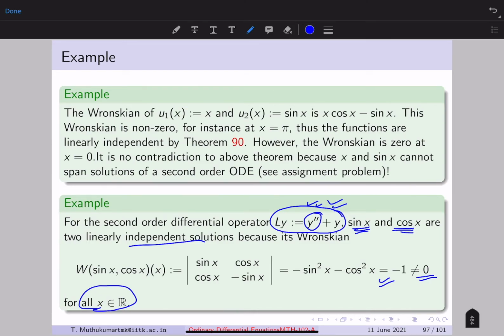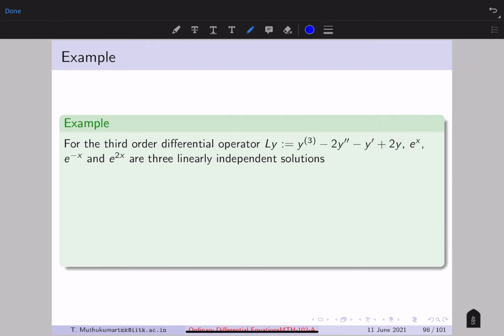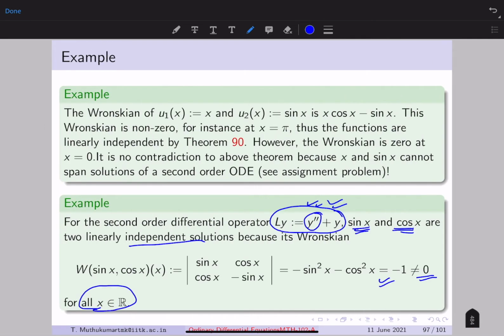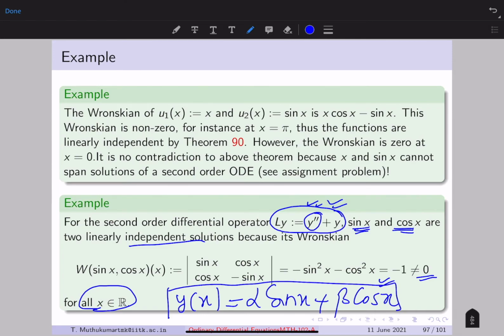Which means the general solution of this ODE can be written as linear combinations of sin x and cos x, right? Because you have two linearly independent solutions and it's second order, the solution space has to be two-dimensional, generated by the two linearly independent solutions sin x and cos x.